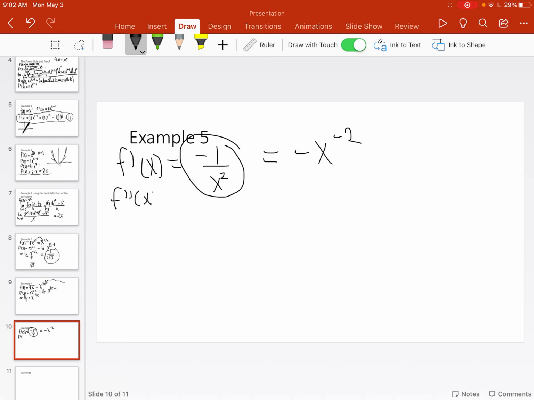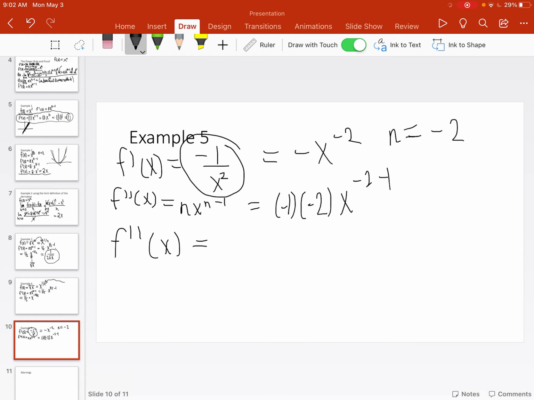Taking the second derivative, we do the same thing: n x to the n minus 1. In this case, n is equal to -2. So we bring down -2, so we've got -1 times -2, and then x to the power of -2 minus 1.